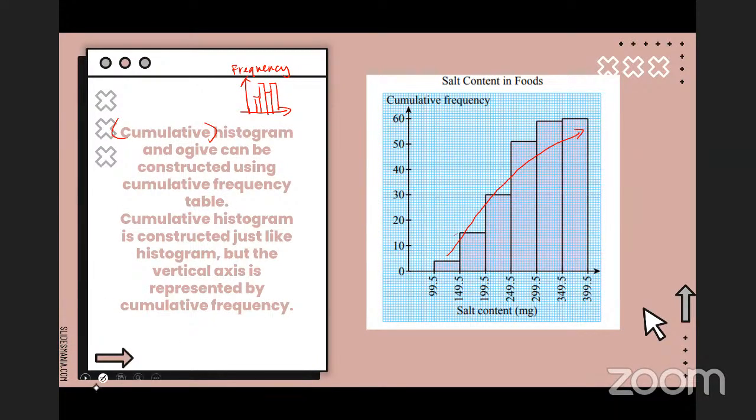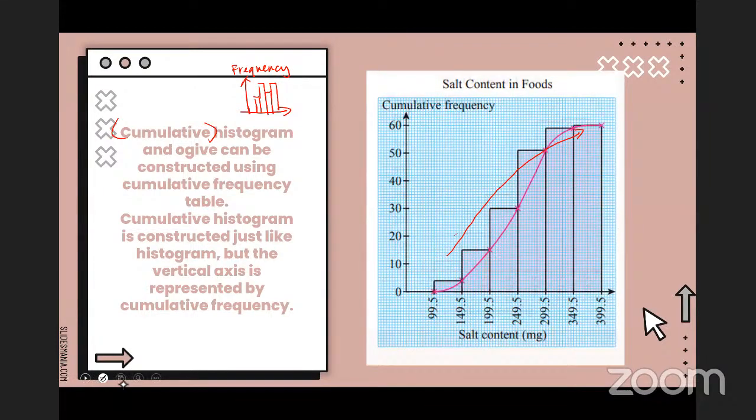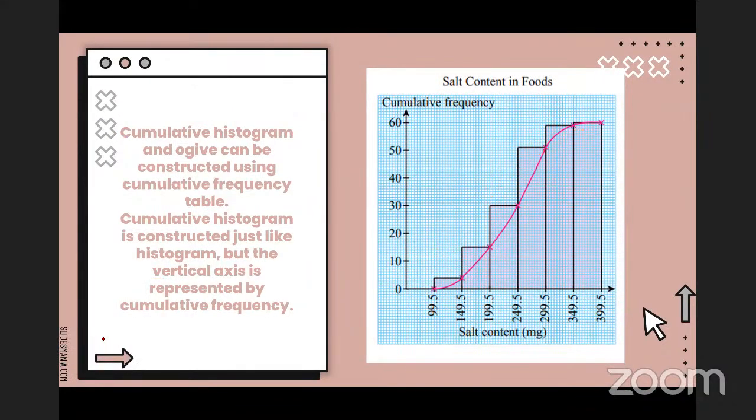So when they are bound together, this is an ogive. This pink line is an ogive, and this pink over here should be your cumulative histogram. So when they are drawn together, you can see that, oh yeah, actually they intersect in this way.